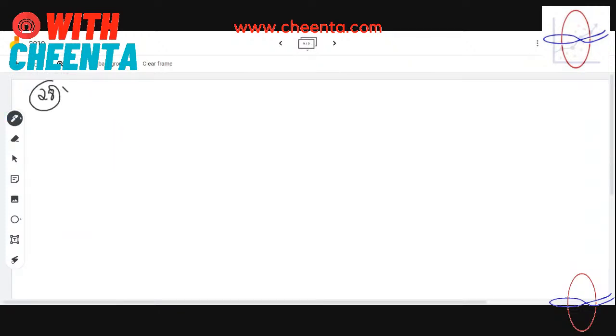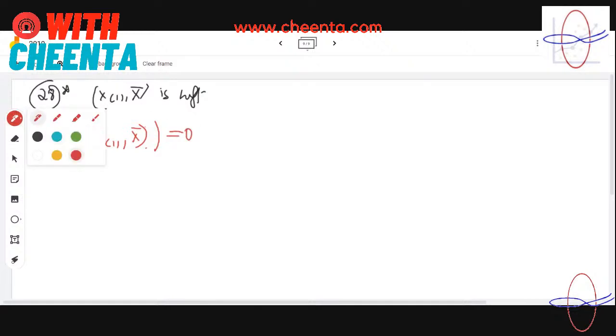So we have got that x1 comma x bar is sufficient. Now the idea is that we need to find a g such that the expectation of g of x1 comma x bar is 0.